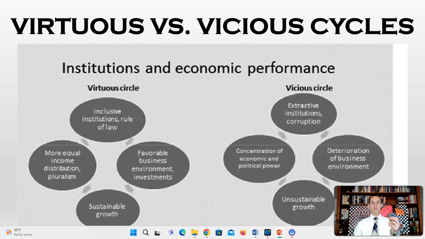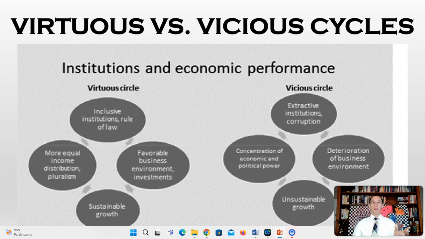There's competition in politics, pluralism, that leads to inclusive economic institutions, which means there's more competition, which is a key part of capitalism. When there's competition, it means businesses have to improve in order to do better than other companies, which is good for business. And that creates growth, which creates more inclusive, more equal institutions.